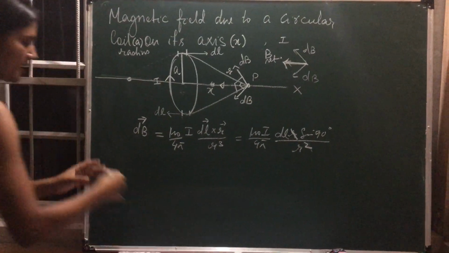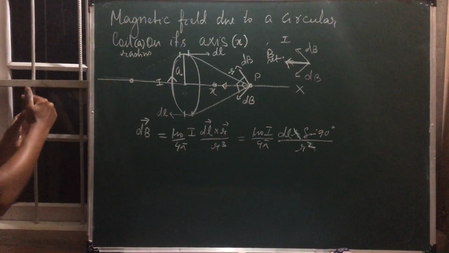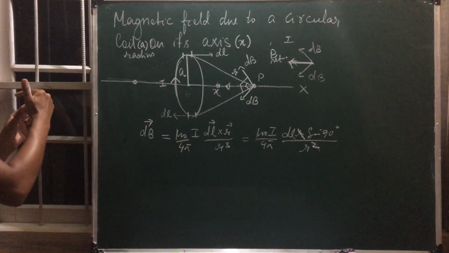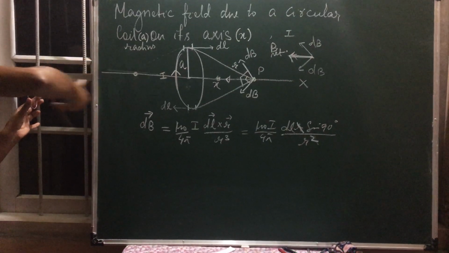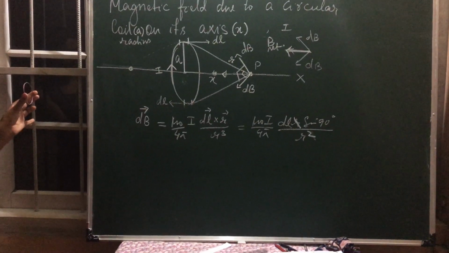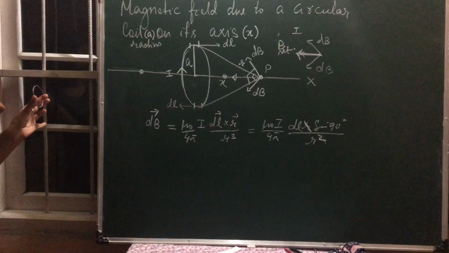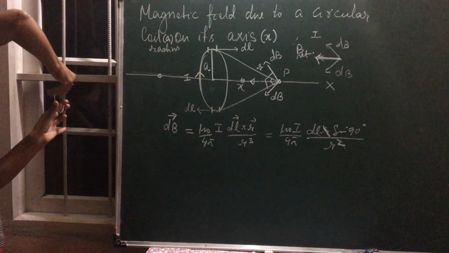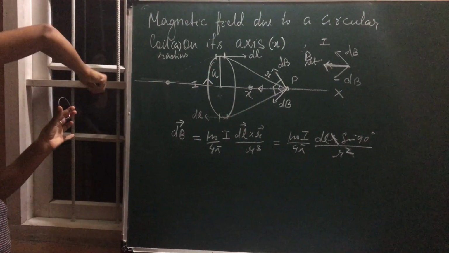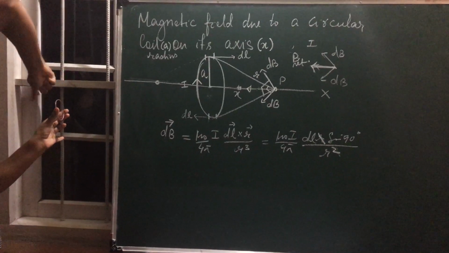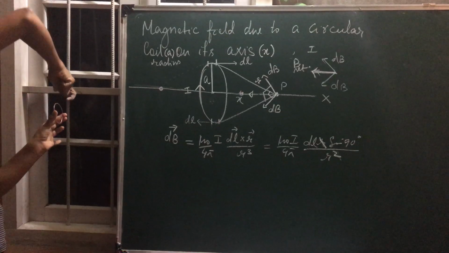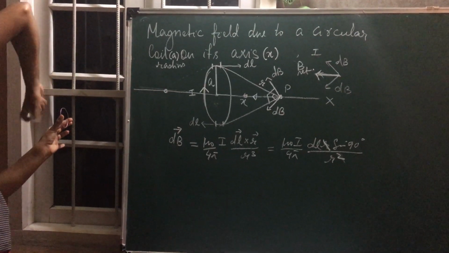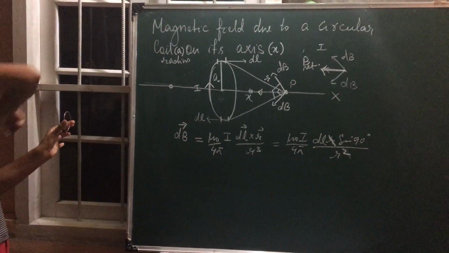I have chosen this distance, and the current is going this way. Then we have found that the resultant field is like this along here, coming about this point. Magnetic field is like this, current is going this way. Make the rotation from DL to R. What is the direction? This is the direction.